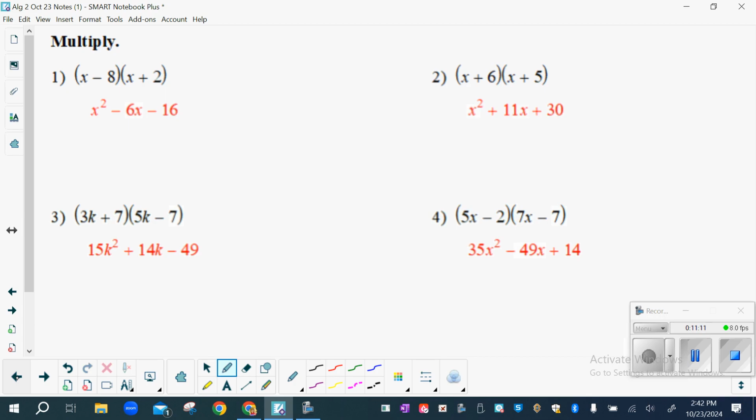Okay, so when it looks like that, what else do they have in common besides that? They're all quadratics, and then an x or a k in the middle, in every single one of them.